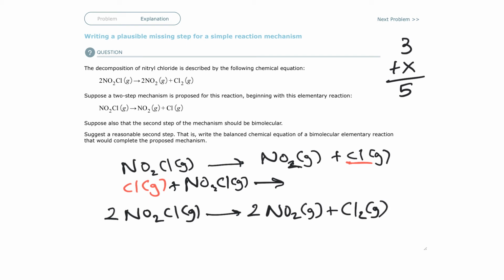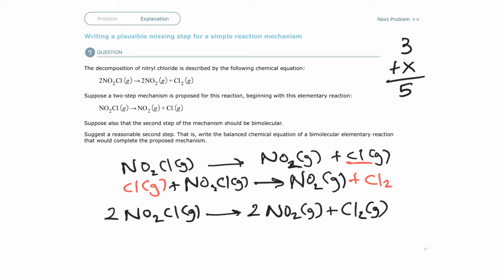Well, I've got NO2 and 2 NO2, so I just need one NO2 gas, so that when I add them together, these two will add to 2. This plus this is going to be 2 of these. And then what do I have over here that I need that's not here? I need a Cl2, and that's what's happening. So I need a Cl2 on the right.